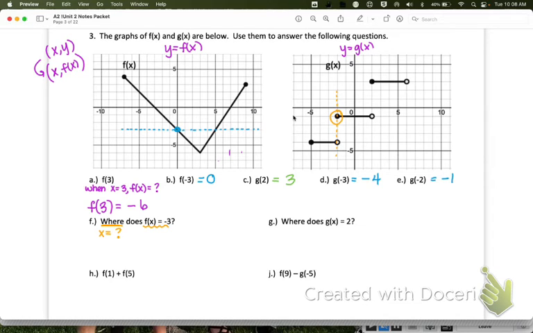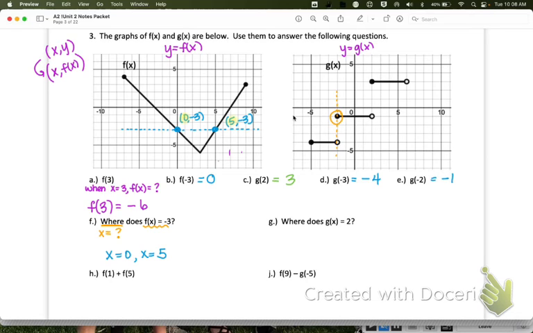And I can see that the graph hits that line where y is equal to negative 3 two times. So we have two different answers. This is the ordered pair 0, negative 3. And this is the ordered pair 5, negative 3. This time the answers we were looking for were x values. So the answer is x equals 0 and x equals 5. Two different answers.